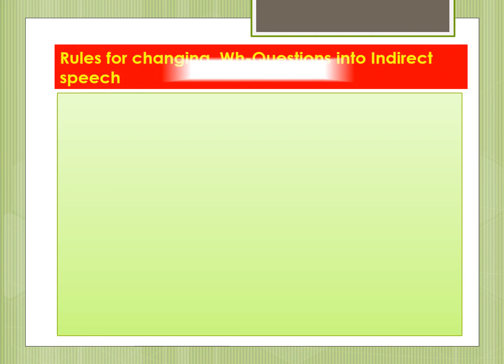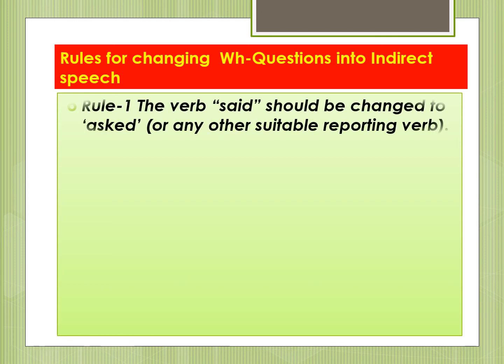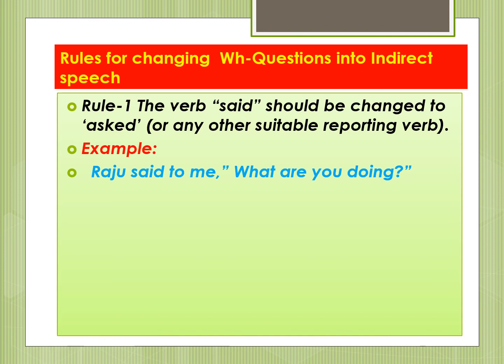Students, now we will see the rules for changing WH questions into indirect speech. The first rule: the reporting verb said should be changed to asked or any other suitable reporting verb. Let us see an example. Raju said to me, "What are you doing?" Students, what is the reporting verb here?